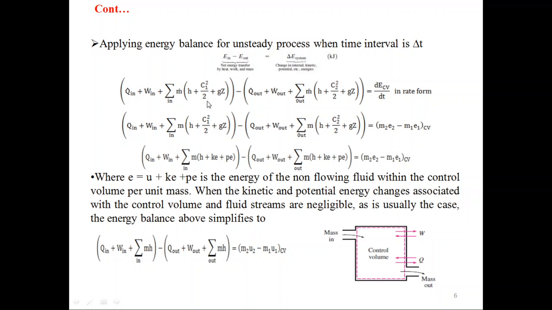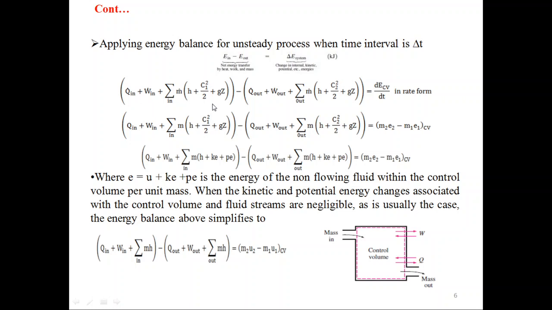C1 squared upon 2 represents kinetic energy per unit mass, small h represents specific enthalpy, that is enthalpy per unit mass, and gz represents potential energy per unit mass. So this is for the entering fluid.